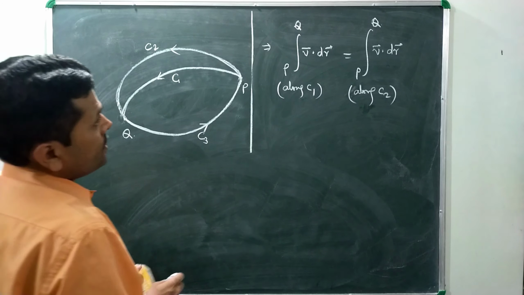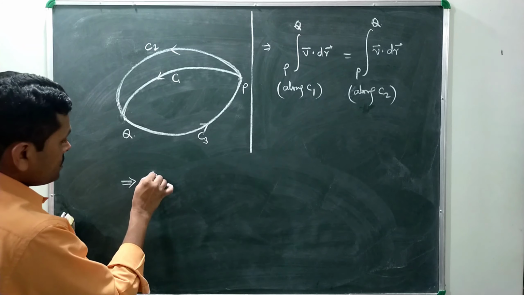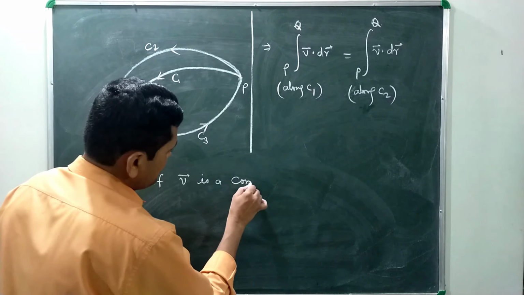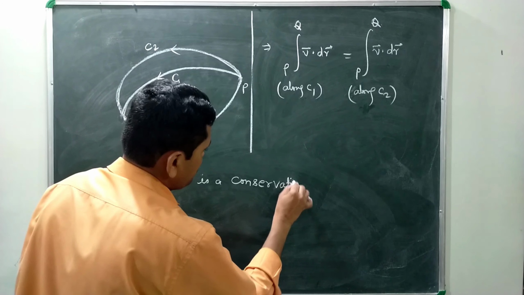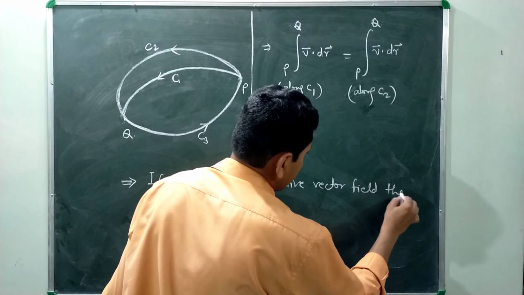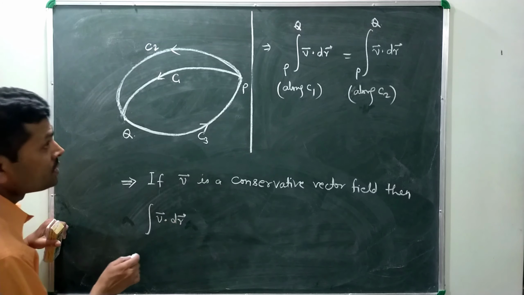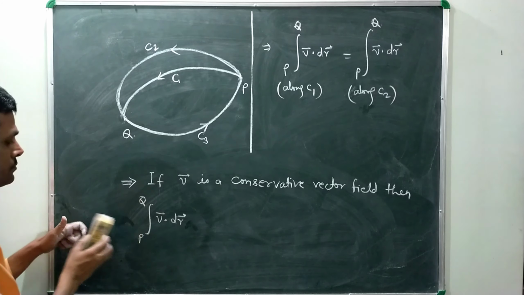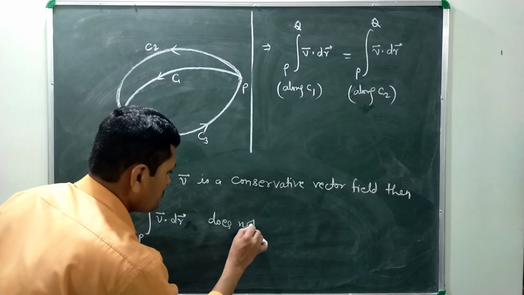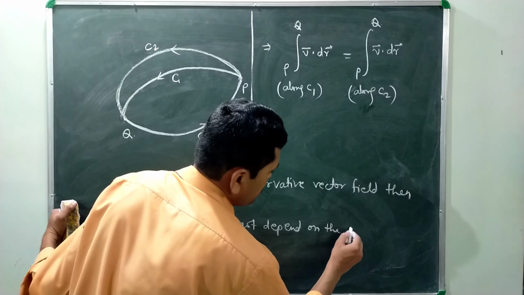Here this may be written that if vector v is a conservative vector field, then line integral of vector v dot dr from point P to Q does not depend on the path.